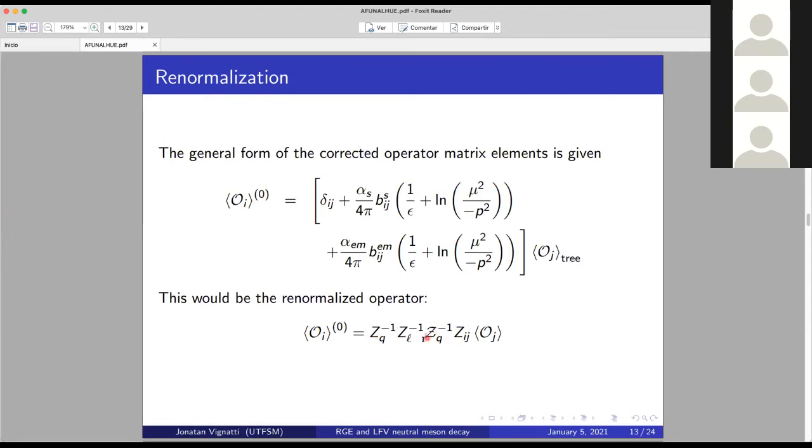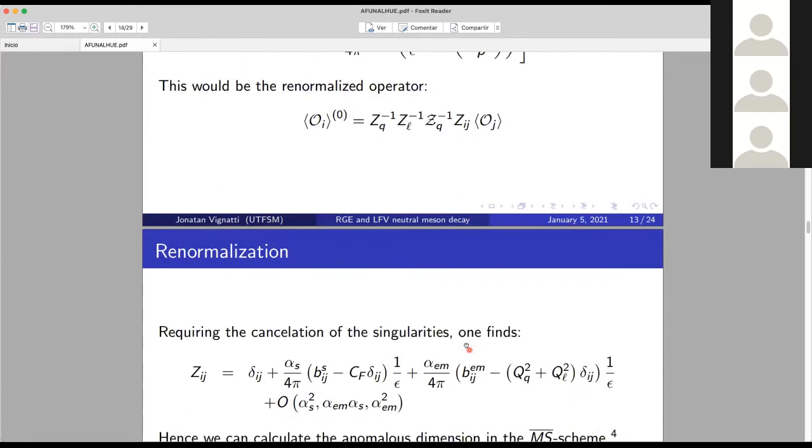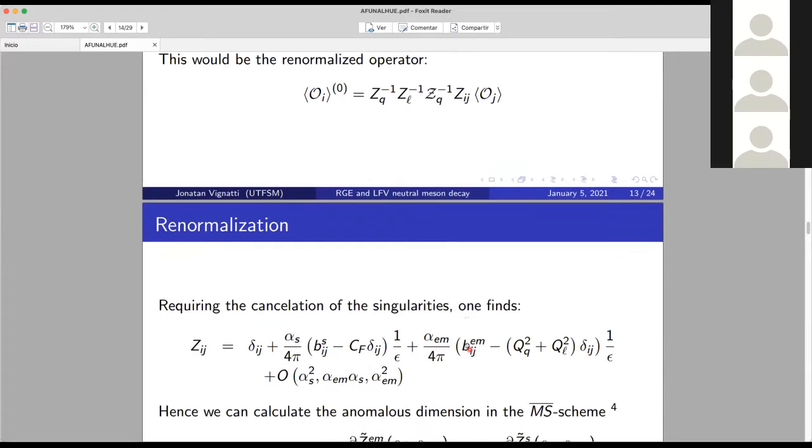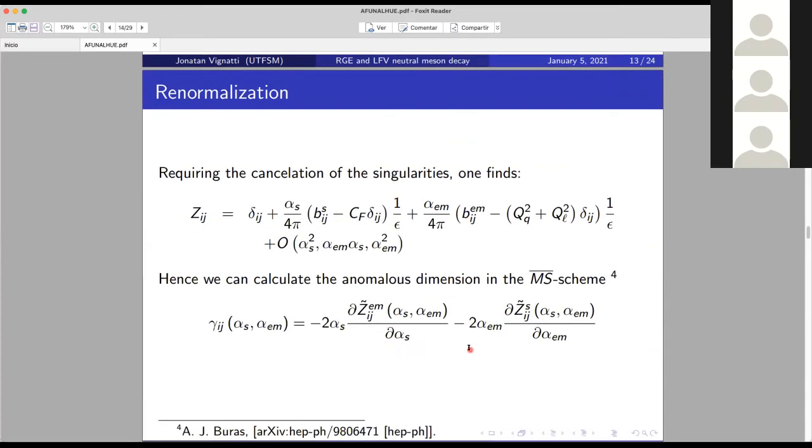All these come from the renormalized fields, and this C_ij appears for the cancellation of singularities. So, requiring the cancellation of singularities, one finds that C_ij has this form for QCD and for QED.